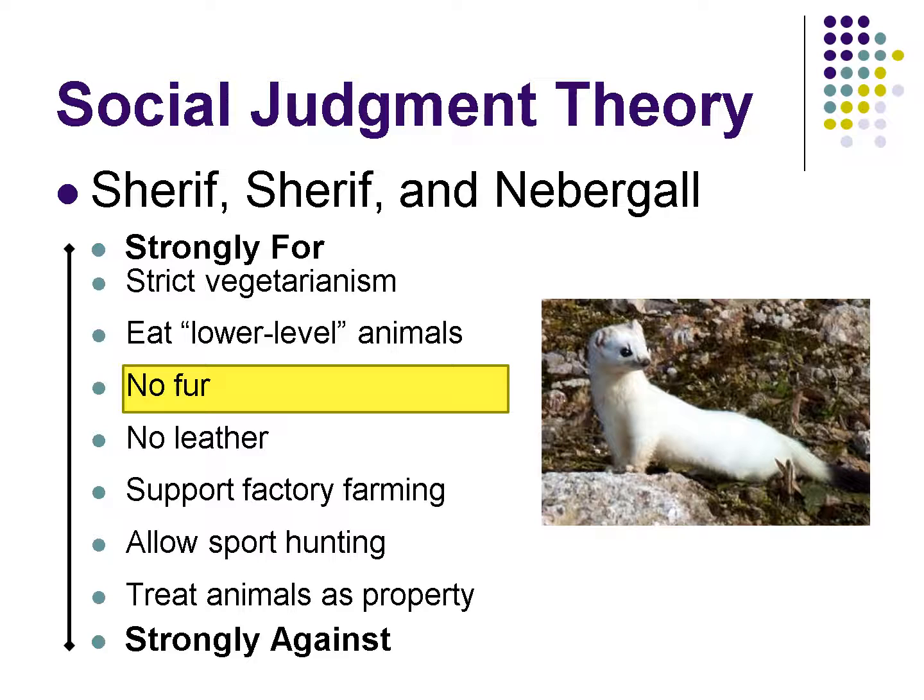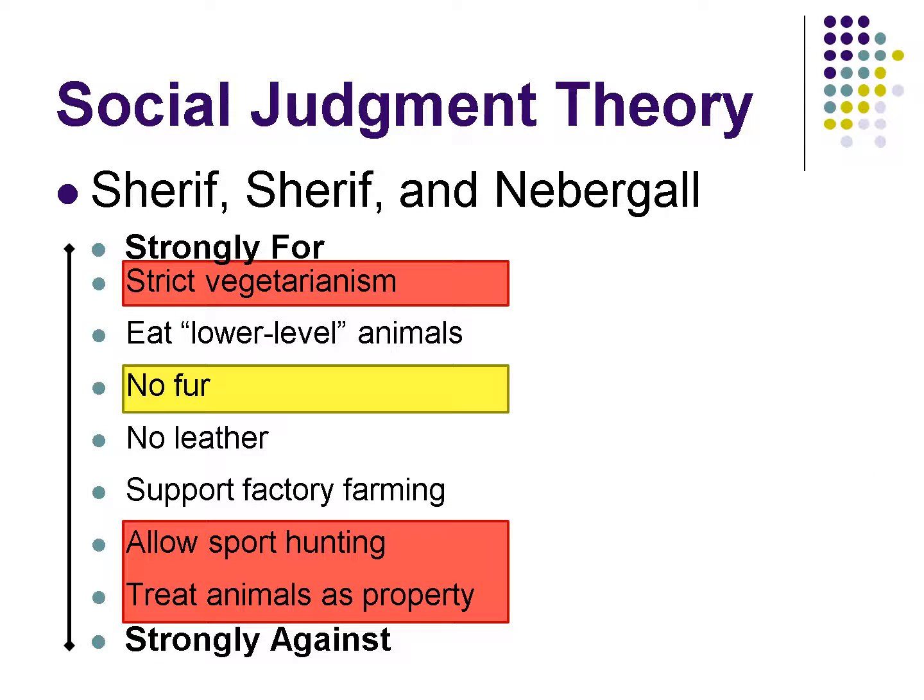But just because you don't want to kill the animal for its fur doesn't mean that you are necessarily going to support strict vegetarianism. In fact, it may well be that you don't support either of these ends, right? Just because you don't want to wear fur, you don't support strict vegetarianism, and at the other end, you don't really think it's right to kill an animal just for sport, and you don't like the idea of treating animals as property where you can just do whatever you want with them, with no humane rights applied to them.